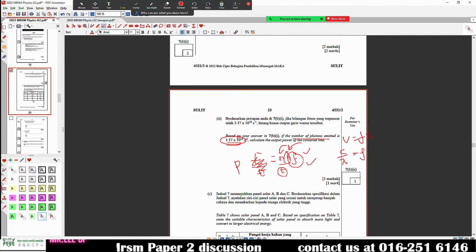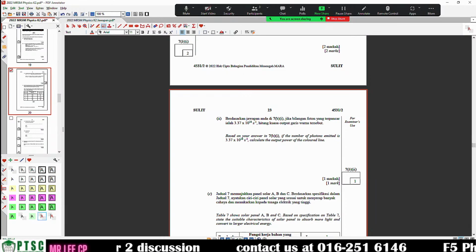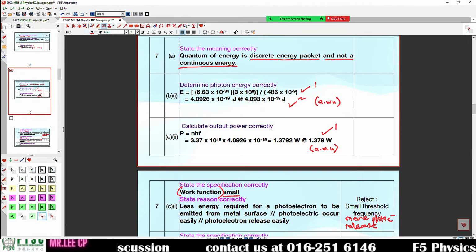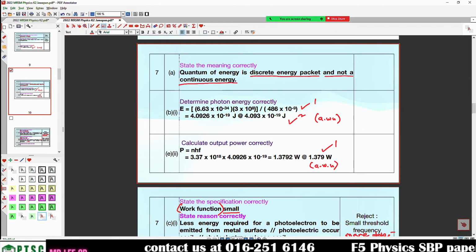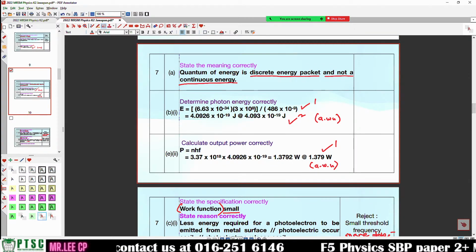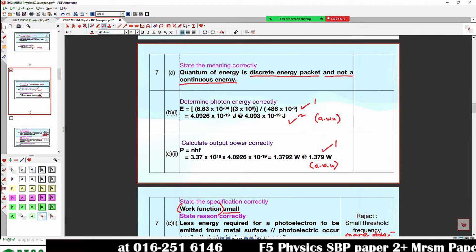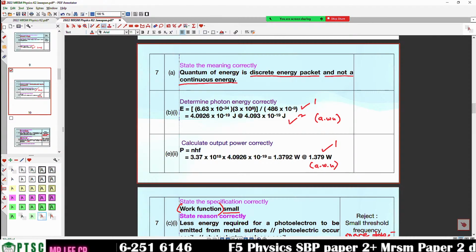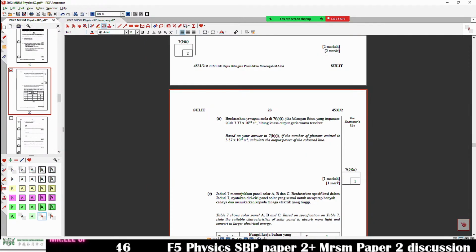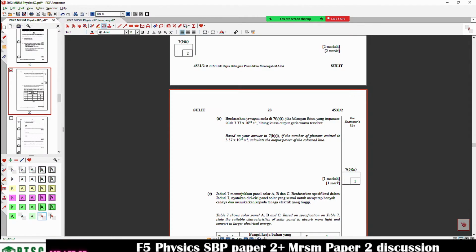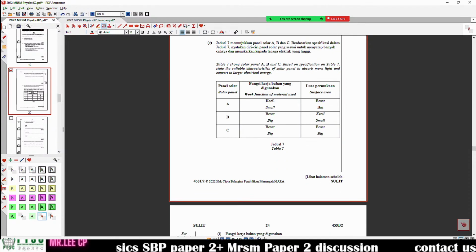You have c and lambda, so put it in. You have calculated hf already, so just substitute n per second. The unit is watt, because they ask for power, not energy.